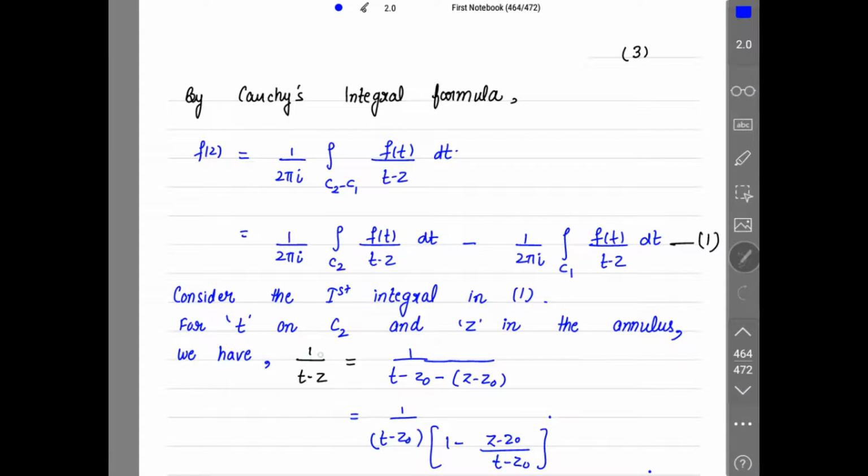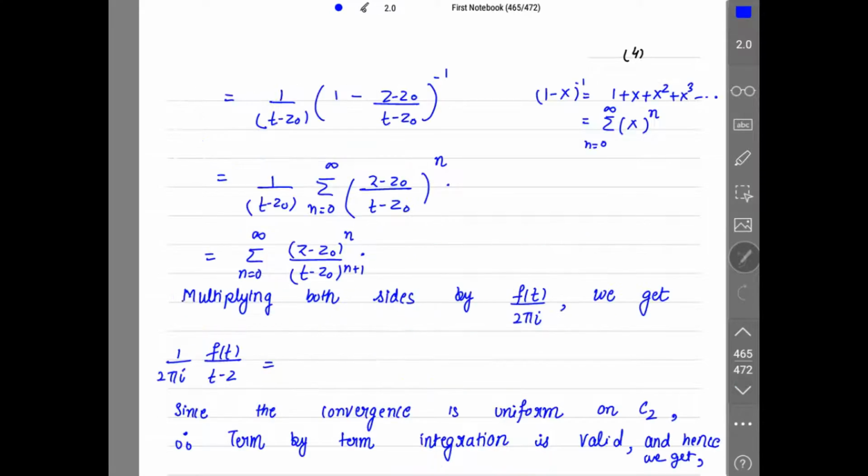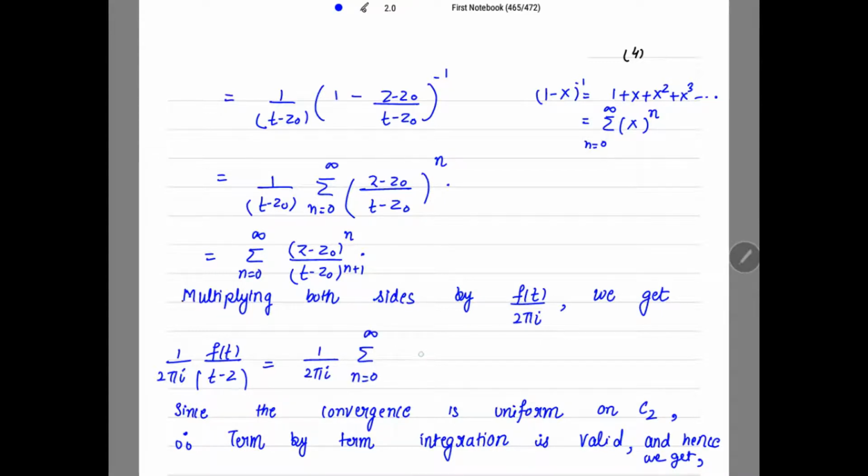So f of t comes in the numerator and 2 pi i in the denominator: f of t over 2 pi i into t minus z. Now on the right hand side also multiply 1 over 2 pi i summation n going from 0 to infinity, and taking f of t inside as it is not dependent upon n. So first write z minus z naught to the power n, and then f of t over t minus z naught to the power n plus 1. Doesn't matter.